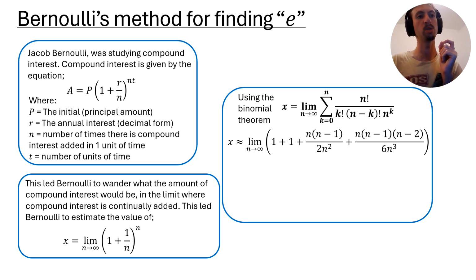And the 2n squared in the denominator of our third term comes from the fact that when k is 2, k factorial times n to the k is going to be 2 times n squared. So that's how I got the third term, and you can do a similar thing, although it's a little bit more complex, to get the fourth term of our approximation for x, or our Euler constant.